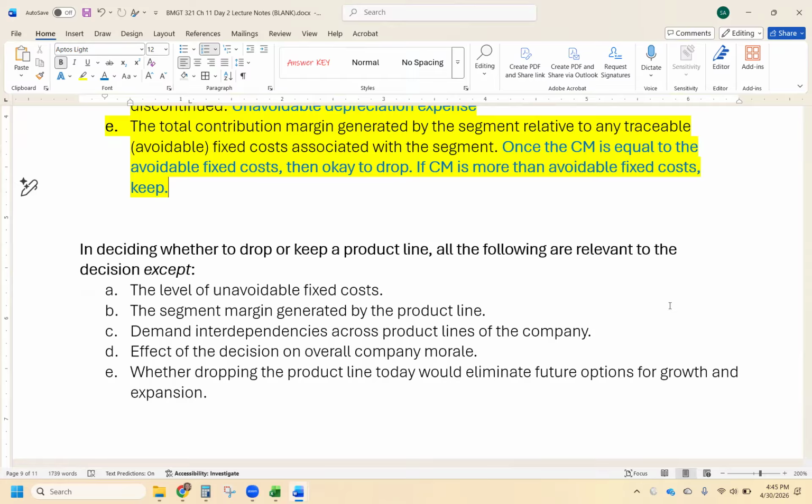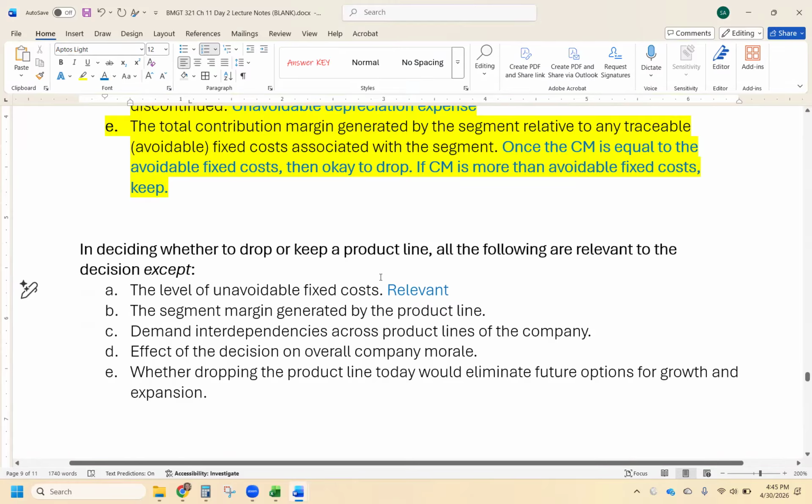A, the level of unavoidable fixed costs, that is irrelevant. Oh, we're out of time. B, segment margin generated by the product line, that is relevant. C, demand interdependencies across product lines of the company, what does that even mean?